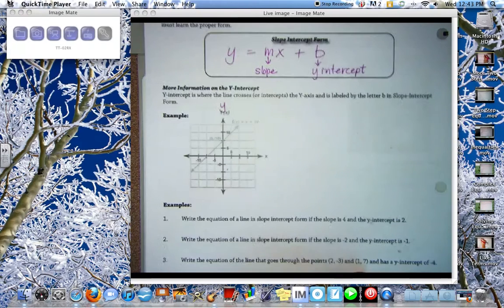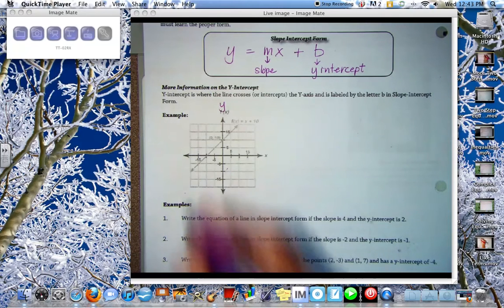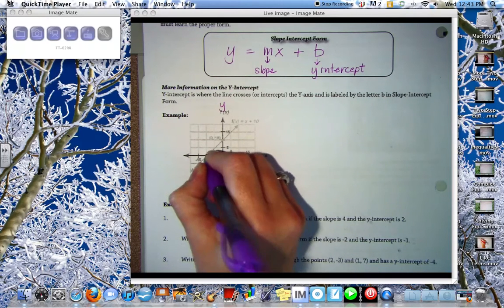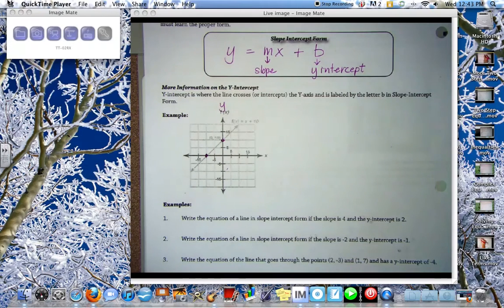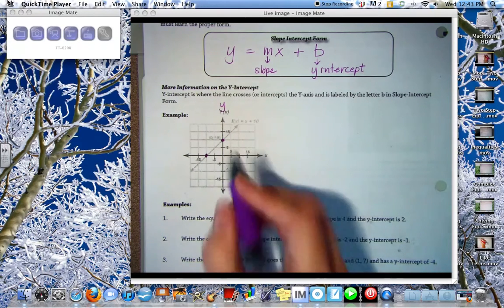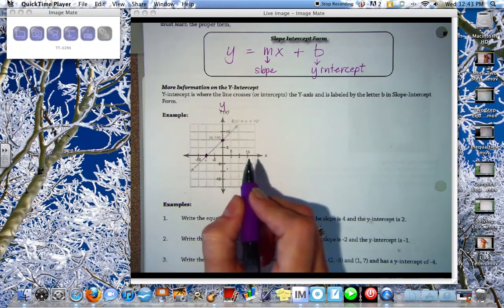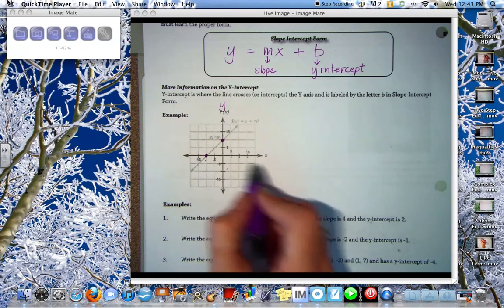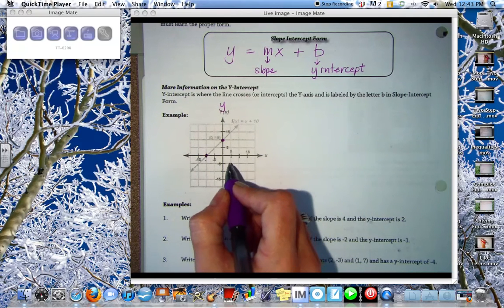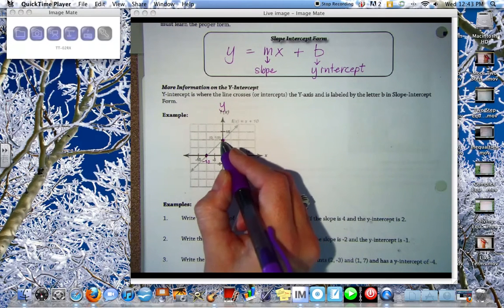So when we look at this graph, we have a point hitting the x-axis here, and the line hitting a point on the y-axis here. The line is hitting the x-axis at what value? Negative 10. It's negative 10 right here. And it's hitting the y-axis at what point?